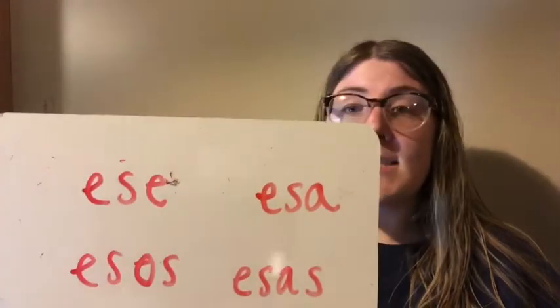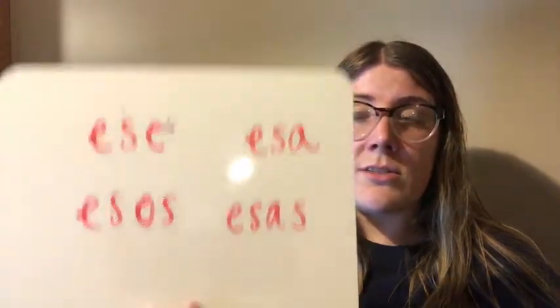So for that and those, you have ese, esos, esa, esas. Now you have seen these before. We have used them in class, but you didn't know what they were called. So now that you know, this is how you say that thing, this thing, those, these.